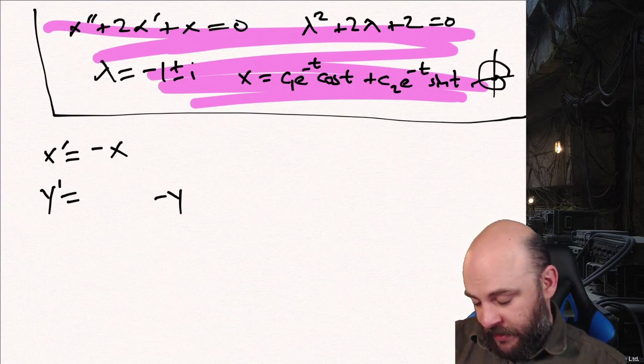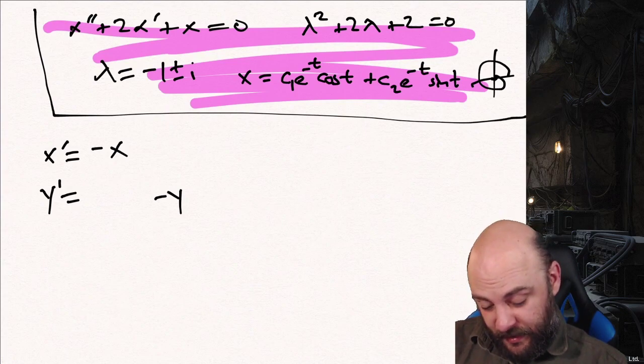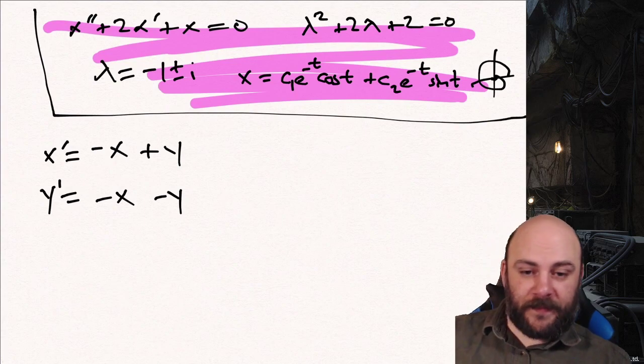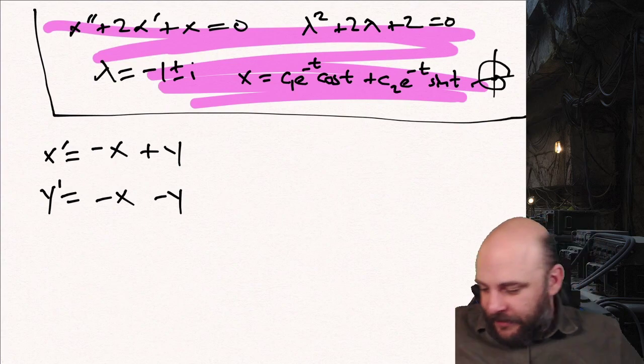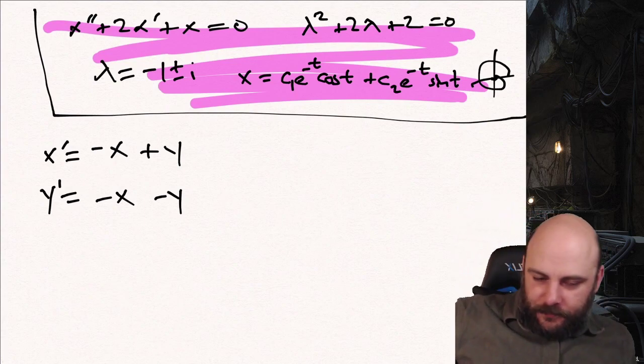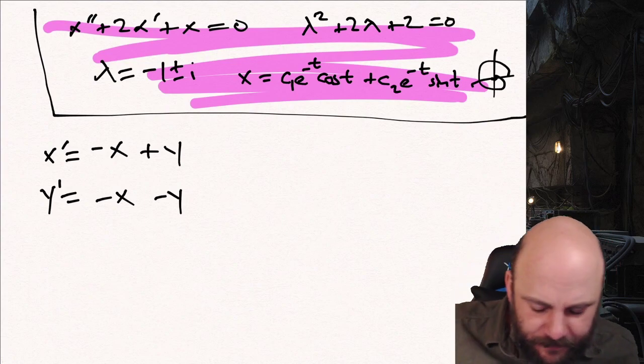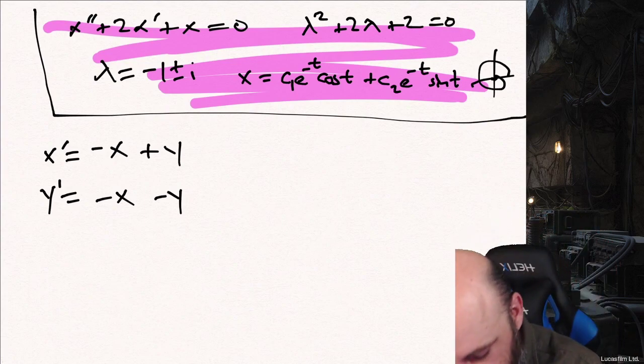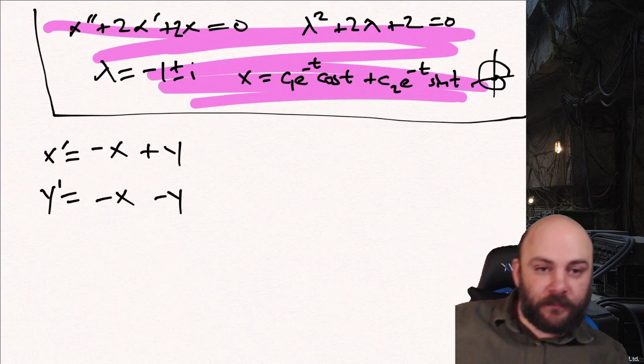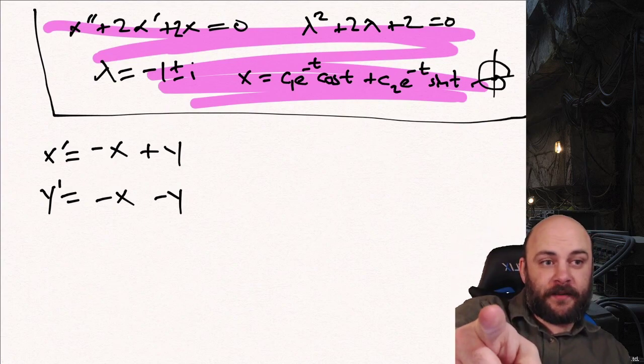So that's 1, and then I have to subtract from that -1. Let's go ahead and add there and subtract there. There's my system. And in fact, I did this wrong. There's a 2 right there. Don't call me out. I fixed it.